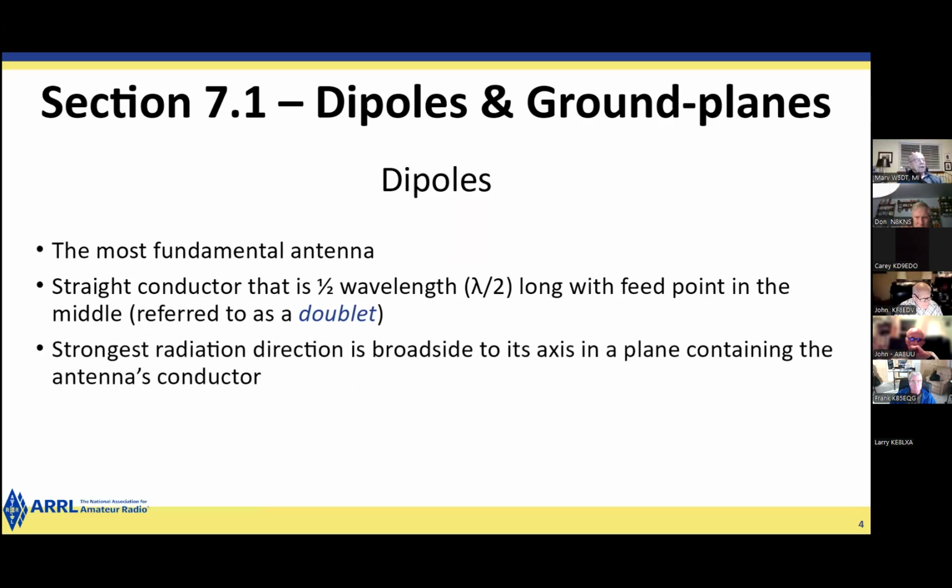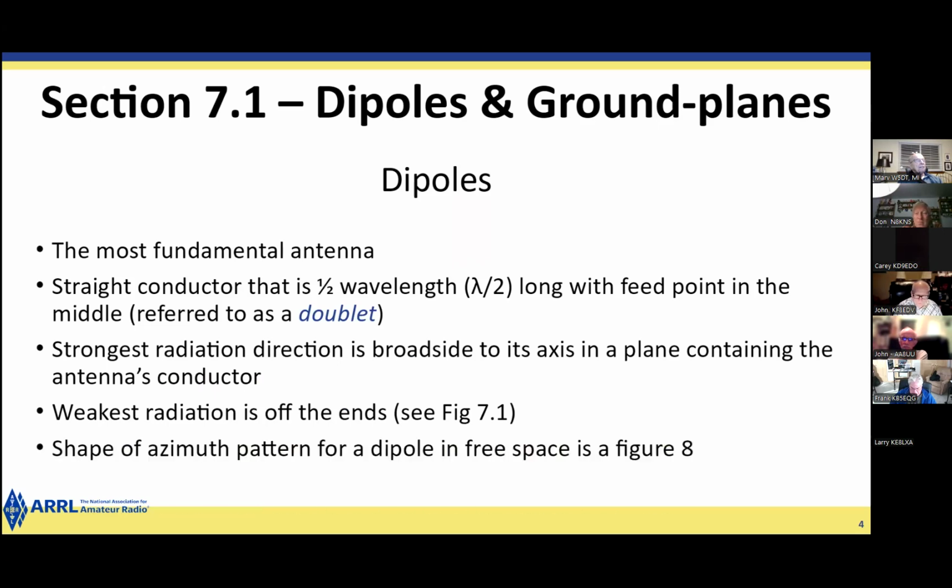Its strongest radiation direction is broadside to its axis in the plane containing the antenna's conductor. And of course, the weakest radiation is off the ends. The shape of the pattern of the dipole in free space is a figure eight.